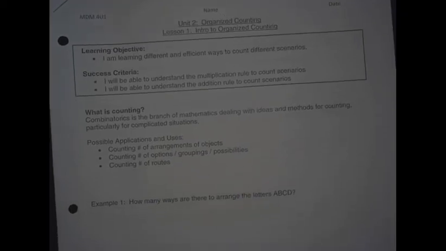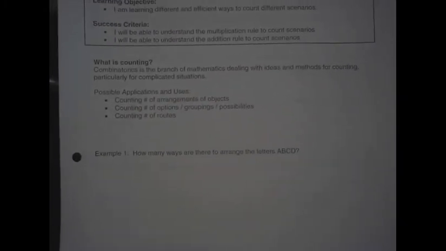But we're going to learn different ways of sorting that information as we move forward. Possible applications could look at how we arrange objects in a line, how many groupings or possibilities we have to sort people, or the different number of routes we can take.